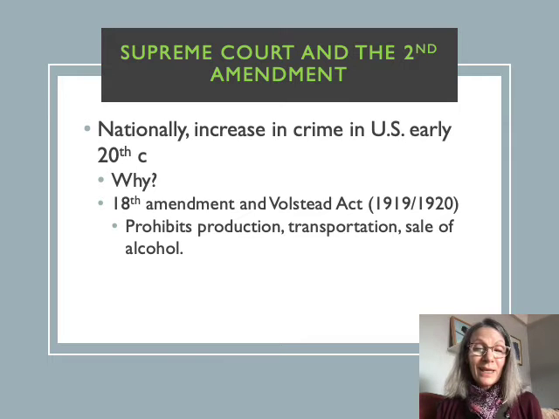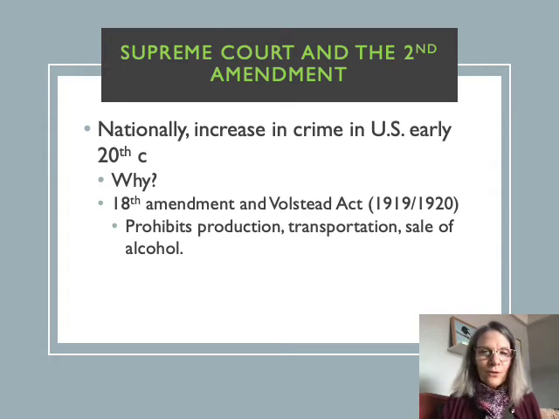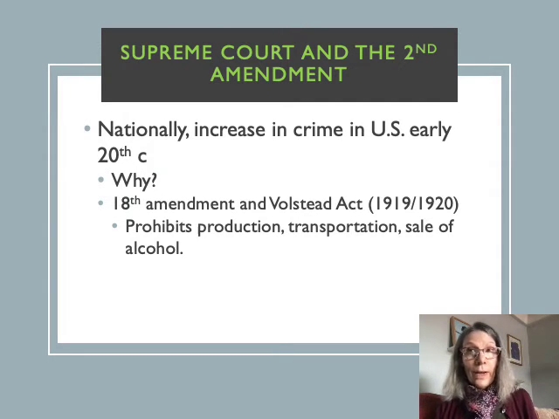And so suddenly our Constitution has a prohibition on alcohol. And then the federal government is in charge of cracking down on people who are producing, transporting, and selling alcohol. And we know what happens when we prohibit things. It's not like people stop drinking alcohol, right?